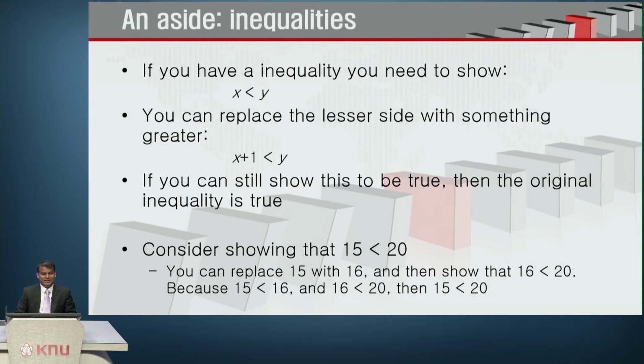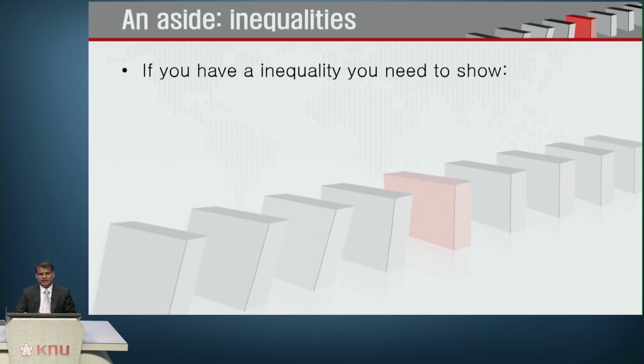If you could show that, then 15 has to be less than 16 and 16 has to be less than 20, so 15 has to be less than 20. That's because we have these simple inequalities defined, and that's how we can simply define it.